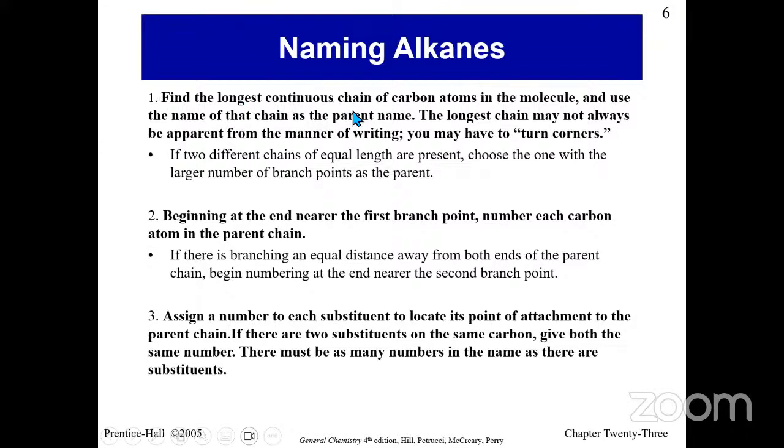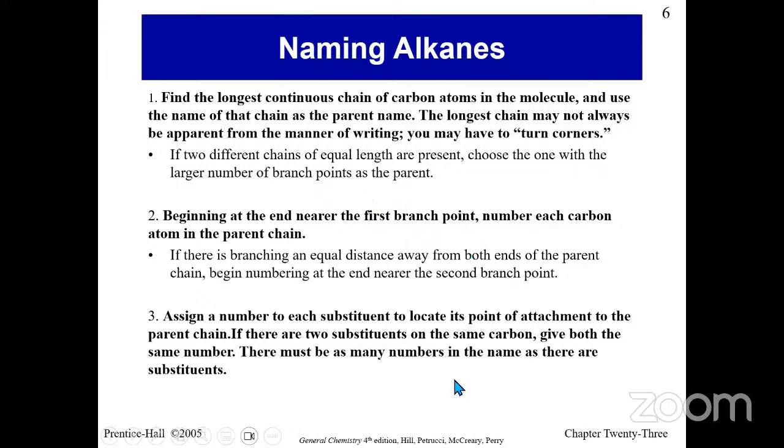When it comes to naming alkanes, you need to find the longest continuous chain of carbon atoms in a molecule and use the name of that chain as a parent name. The longest chain may not always be apparent from the manner of writing. You may have to turn corners. And then it says if two different chains of equal length are present, choose the one with the greater number of branch points. In other words, the one with the greater number of substituents, all right?